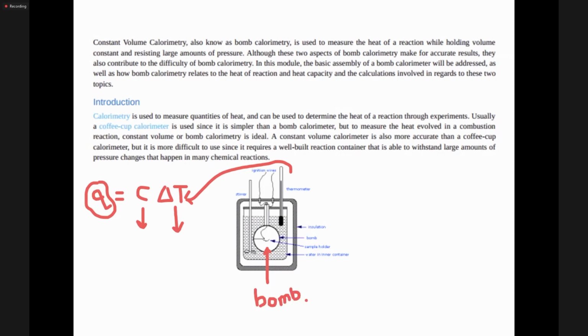The steel vessel is immersed in a water bath to ensure that no heat is lost to the surroundings. And to ensure no heat is lost to the surroundings, it is kept inside an insulator. So this outer coating or wall you are looking at is an insulating setup.